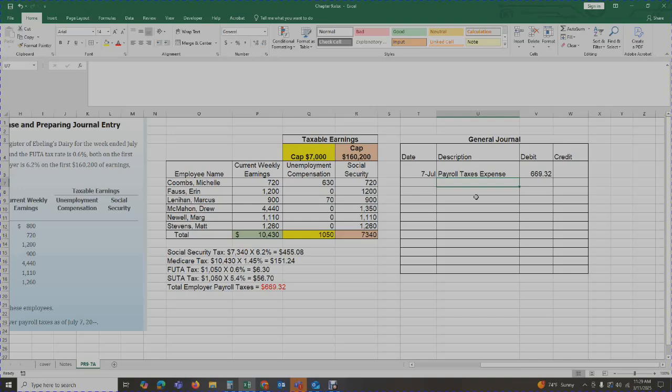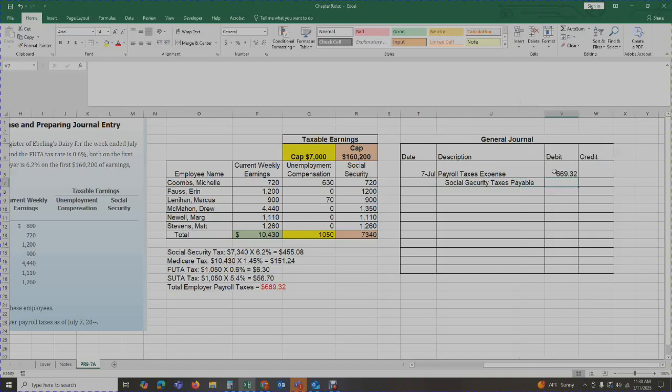So let's first start off with my Social Security. I'm going to have my Social Security taxes payable. All of these amounts are going to go into payable accounts because I owe that money. That money belongs to someone else. So my Social Security taxes payable, we calculated at 455.08. We're looking at our calculations down here, guys, the 455.08.